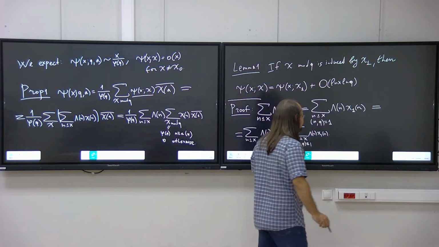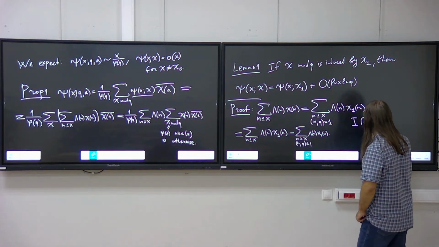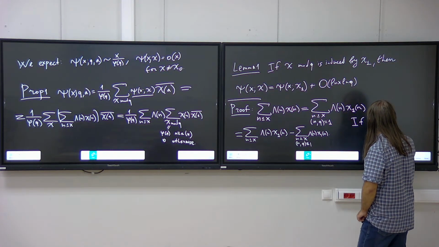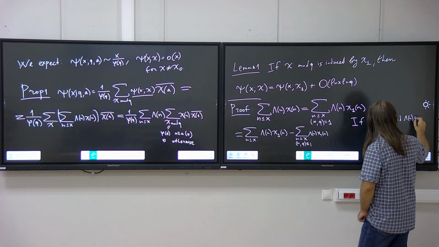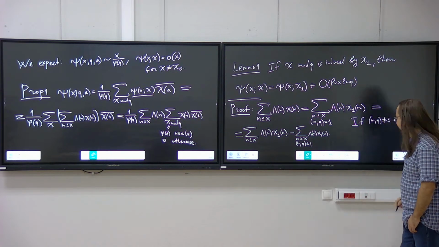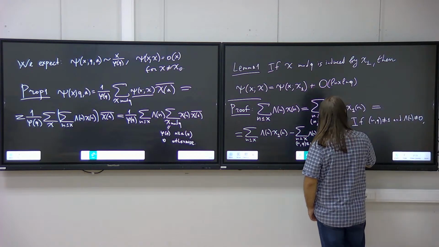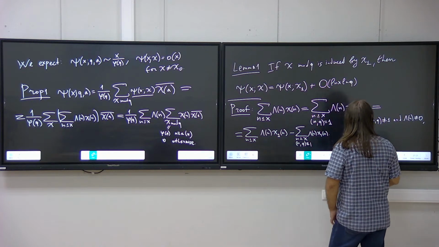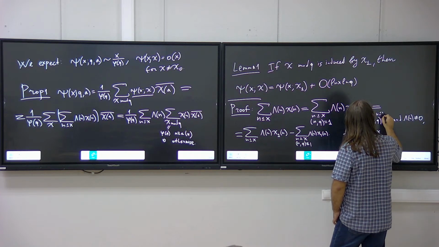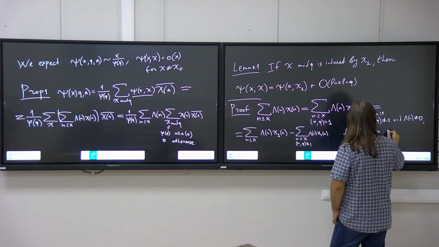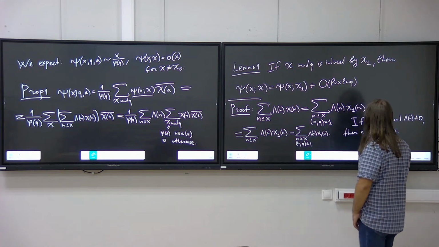Well, if n and q are not coprime and lambda of n is not equal to 0, then n is equal to p to the k less than or equal to x, such that p divides q, of course.